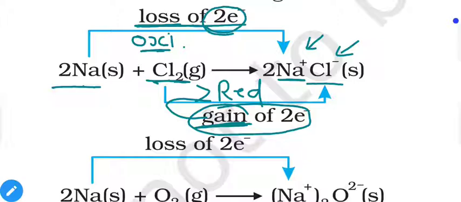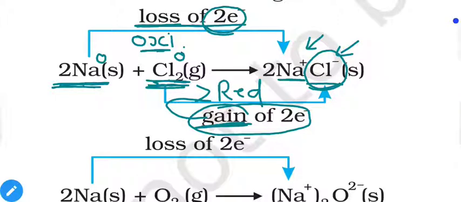In chlorine we have 17 protons and 18 electrons. That's why it is -1. So these charges mentioned on the top of the symbols represent the oxidation state, and if nothing is mentioned, then it has zero oxidation state. That means before the reaction sodium has zero oxidation state, and chlorine also has zero oxidation state.